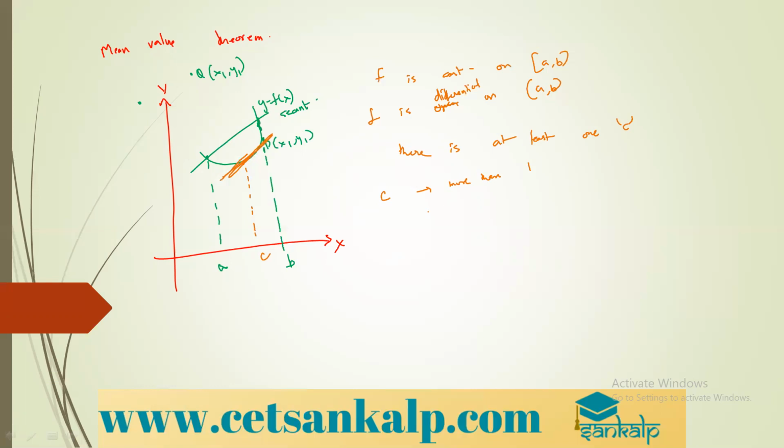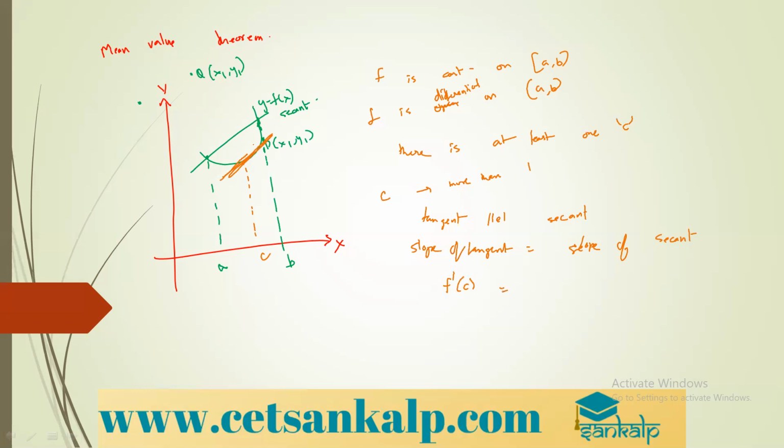So there is a c such that the tangent will be parallel to the secant, or slope of tangent is equal to slope of secant. Slope of tangent is f prime of c.